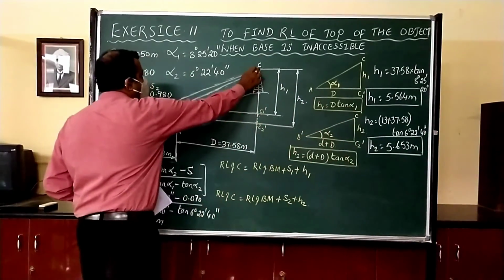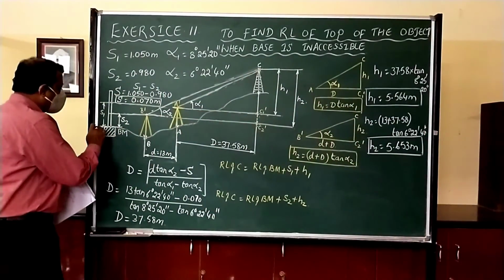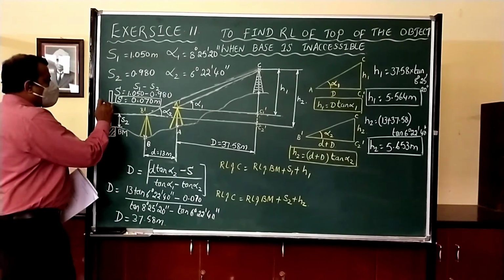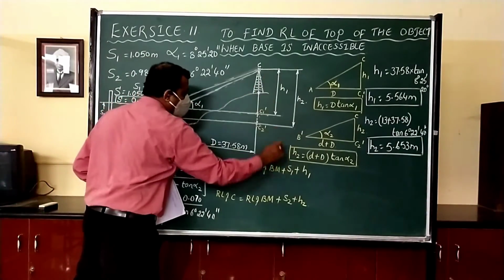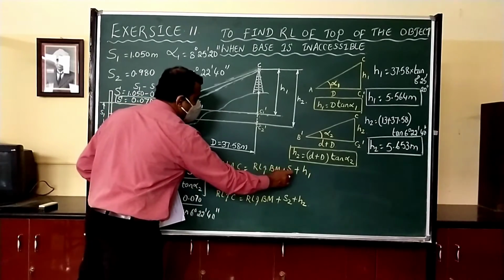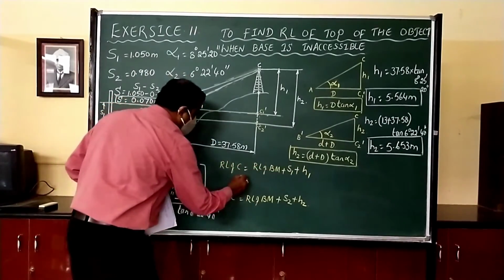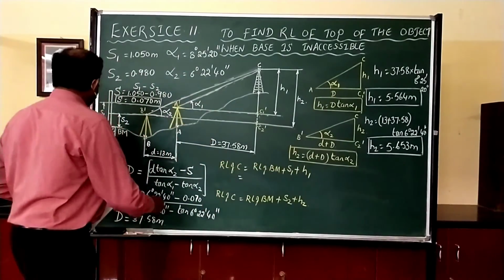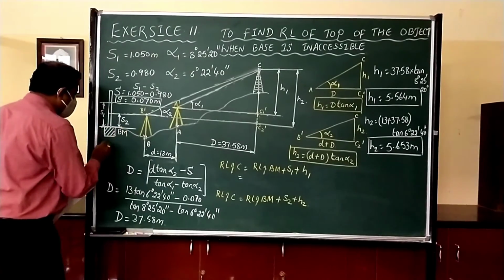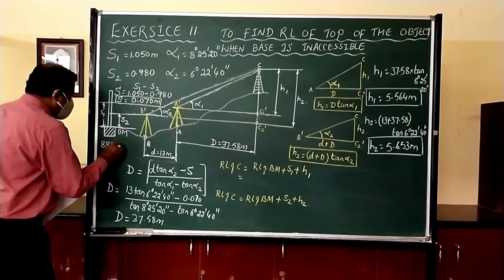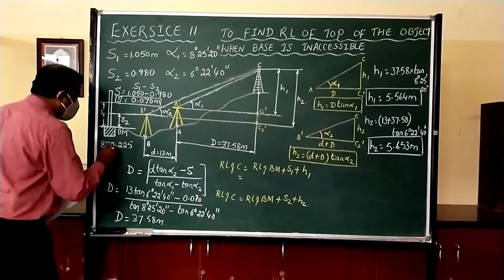RL of C is equal to RL of benchmark plus S1 plus H1. Therefore, RL of C is equal to, now the RL of benchmark is 880.225. This is from the field.